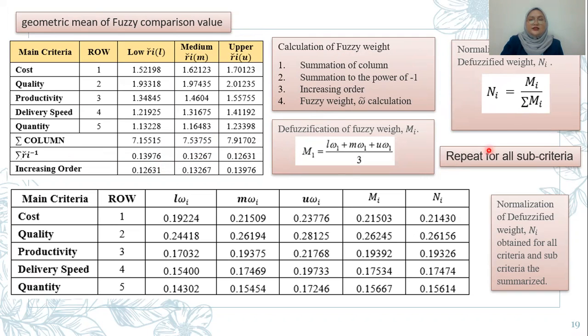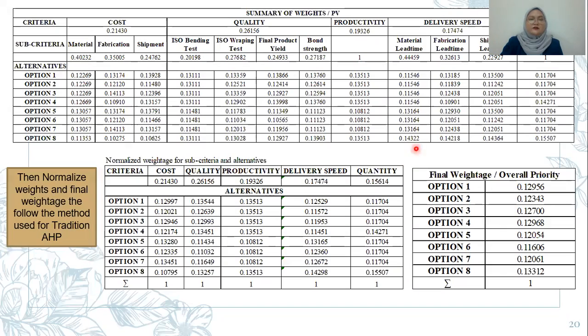After I normalize the defuzzified weight N1, I repeat for all subcriteria. Then I will get the summary of PV. After that, do the normalized weight and final weightage, following the method used for traditional AHP. The final weightage is shown, and the best option is option 8.